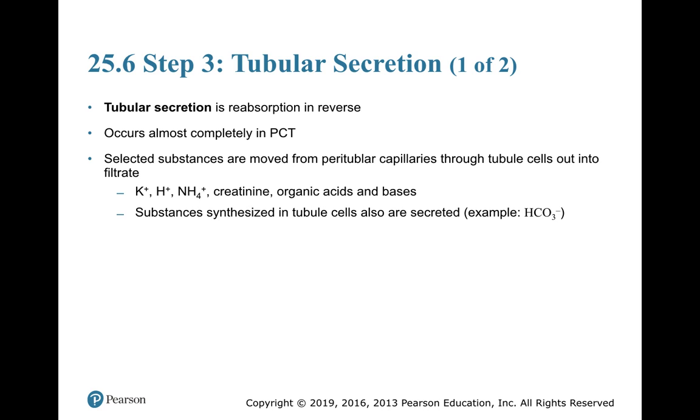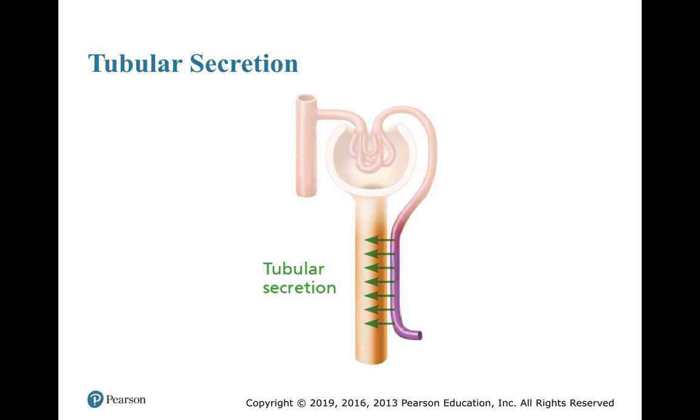So potassium, hydrogen ions, ammonia, creatinine, organic acids and bases, and substances that have been synthesized in tubule cells would also be secreted. Bicarbonate ion. So tubular secretion is moving materials from the capillaries to the filtrate to make it part of the urine.